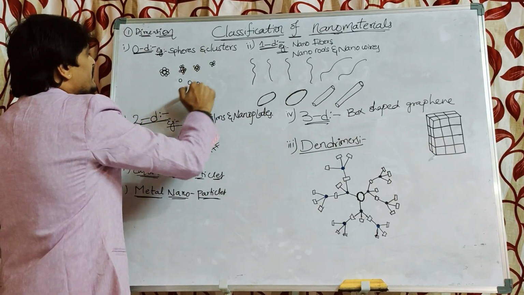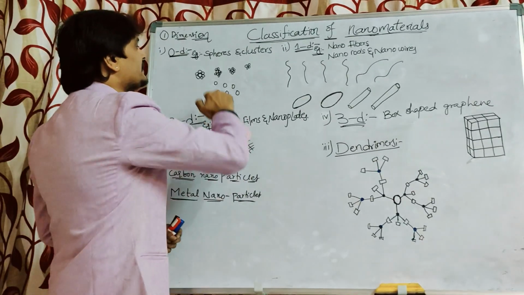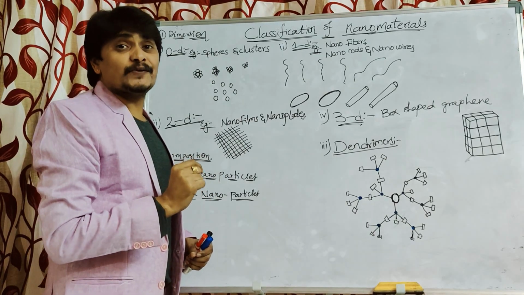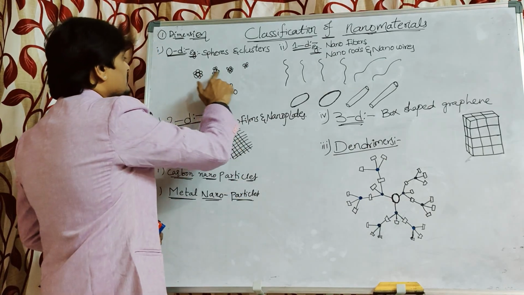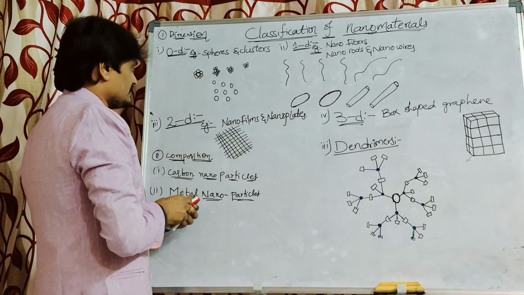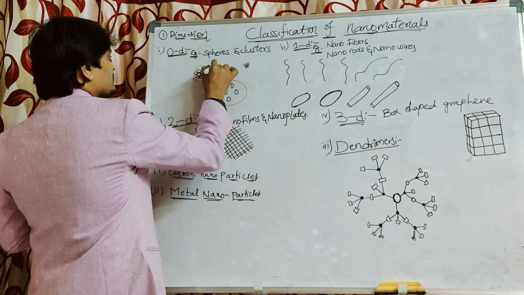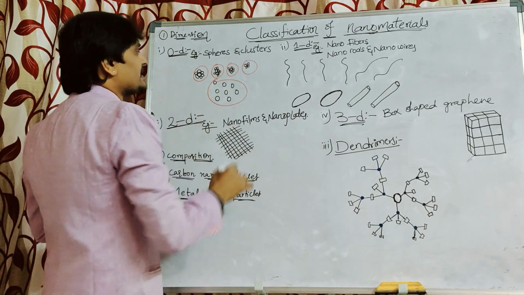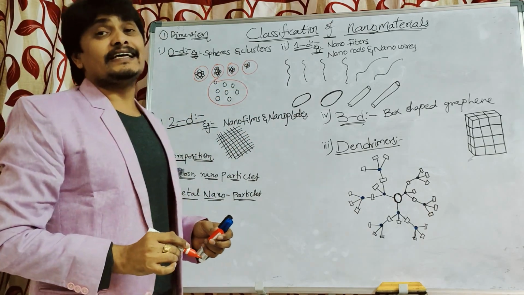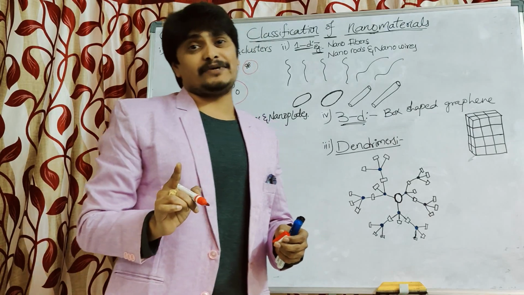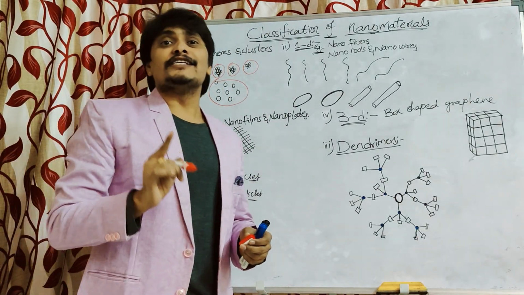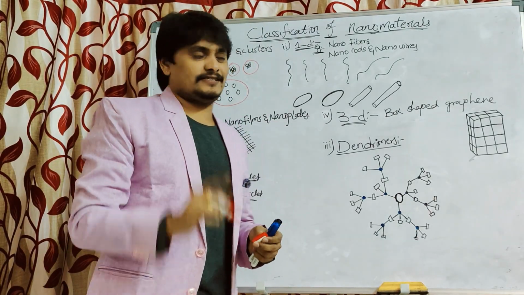In the case of spheres and clusters, all the 3 dimensions are in nanoscale. Those are called zero-dimensional nanomaterials.